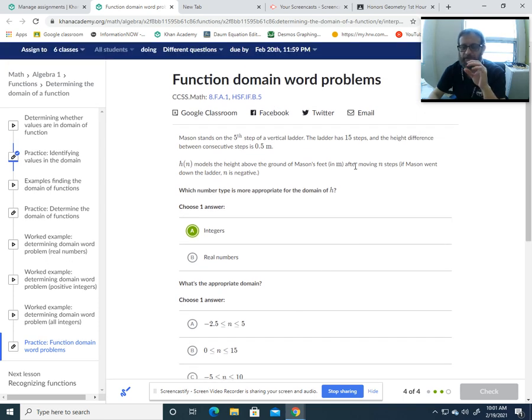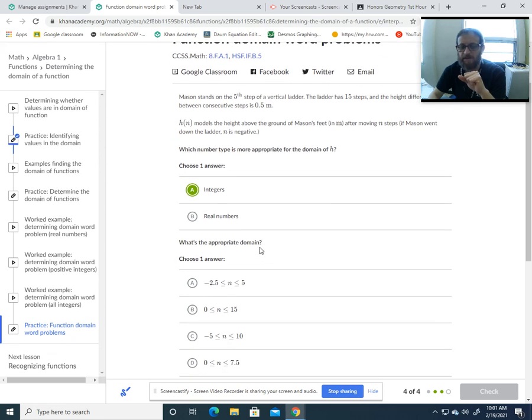Let me organize my thoughts. Okay. Mason's feet in meters after moving n steps. If Mason went down the ladder, n is negative. Okay, so he's at the 5th step. He's going down the steps.